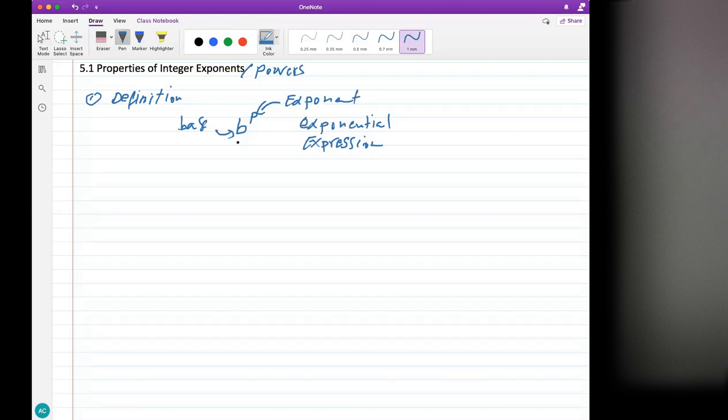Okay, so these numbers b and p are real numbers. That means they can be any sort of numbers. It could be negative, positive, decimals, fractions. So these can take any form. Call them real numbers.